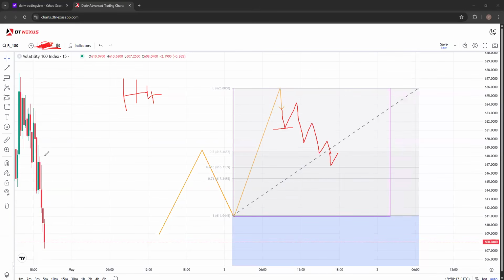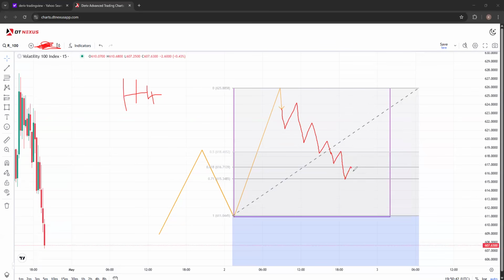So it's either when we approach the 0.5 or the 50%, we're supposed to see another break of structure or change of character and then a reversal. Or as we approach the 0.6, we are supposed to get a break of structure or a change of character and then a continuation. Or as we approach the 0.71.